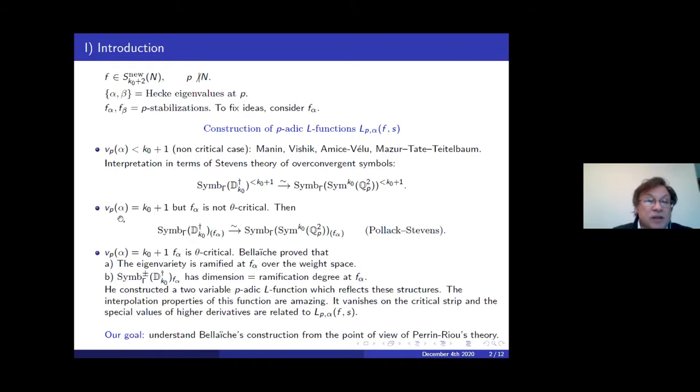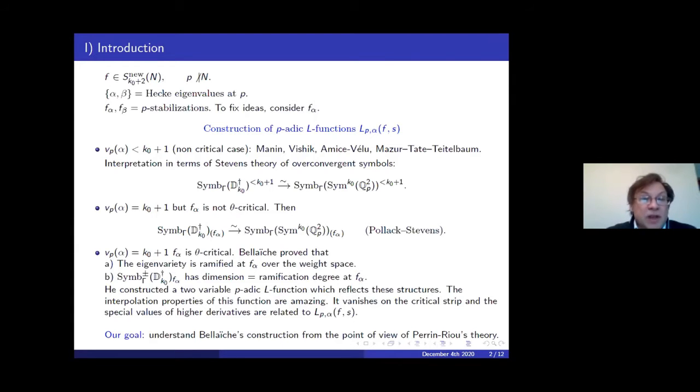The next case, non-theta-critical but critical, appears when the p-adic valuation of alpha is equal to k0 plus 1, but the modular form is not theta-critical.